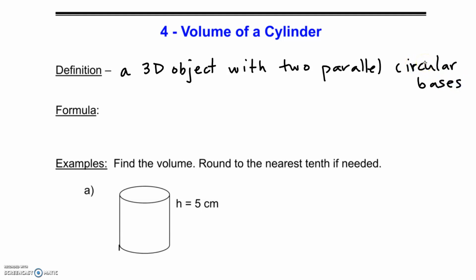The formula is V equals pi r squared h, where pi, we remember, is 3.14, the number. R is the radius of the shape, and h is the height.